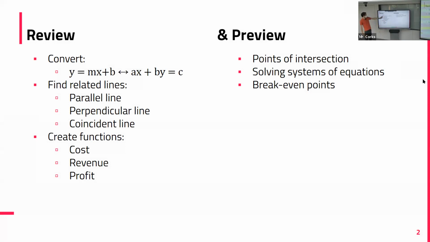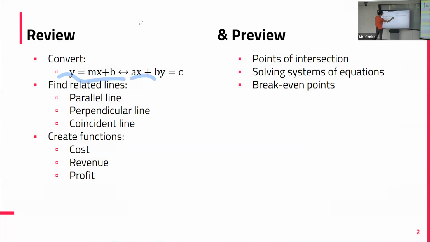Okay, so last time we talked about switching from slope-intercept form into standard form, and switching back. It's not too hard to switch back and forth. And then we talked about how to take some given line and find various related lines.